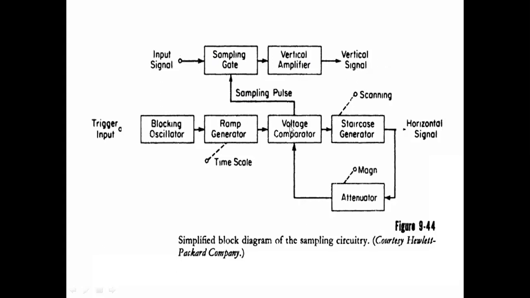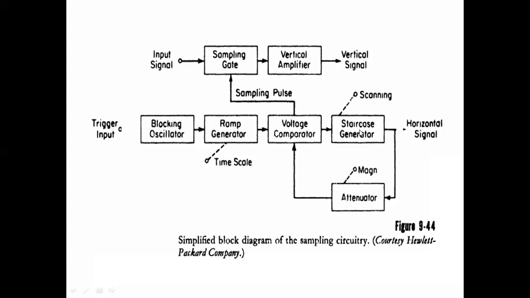When the staircase generator signal and the ramp generator signal are equal, it produces a sampling pulse. At the same time, the next staircase, a higher step, will be generated, and the step will increase.